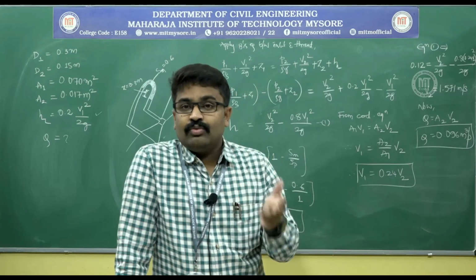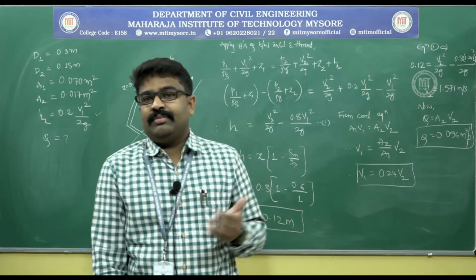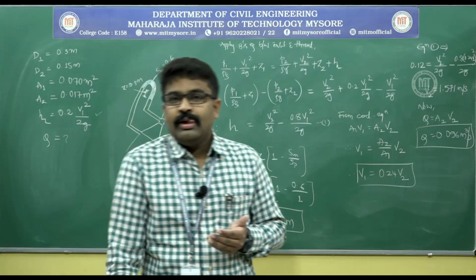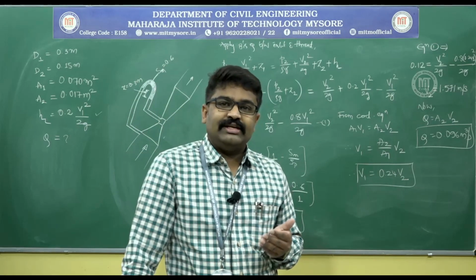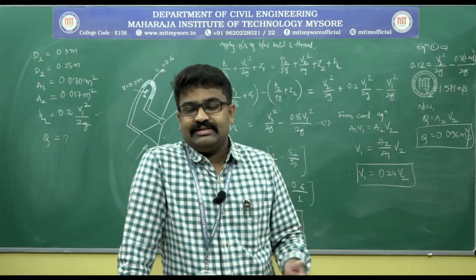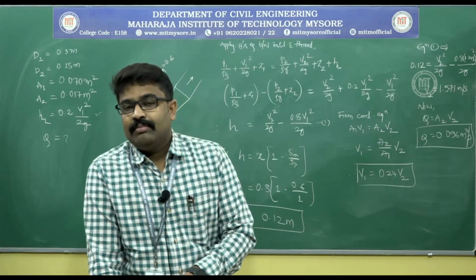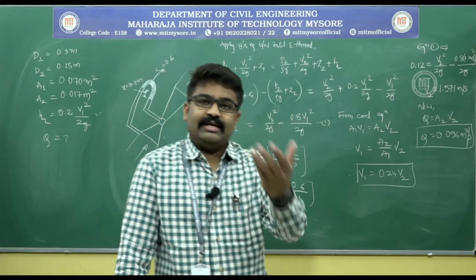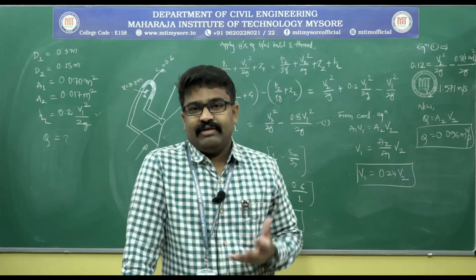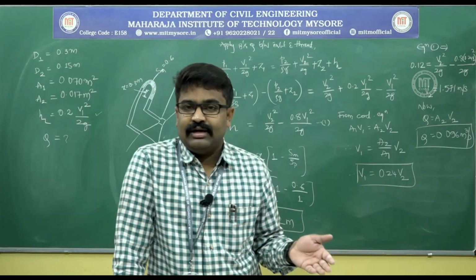Once you do that, you would have already got A1 and A2 in the equation of venturimeter, which says Q is equal to CD A1 A2 root 2G H divided by root of (A1 square minus A2 square). Except H, everything is known. Now what is H? To calculate H, you have a mercury manometer attached whose reading is also given. That means X is given and is equal to 0.12 meters, because it is 12 centimeter.